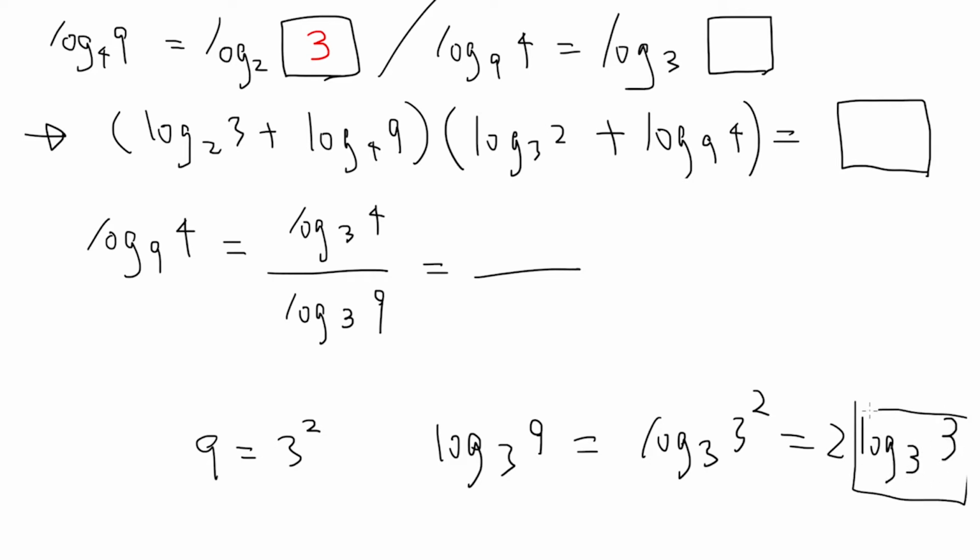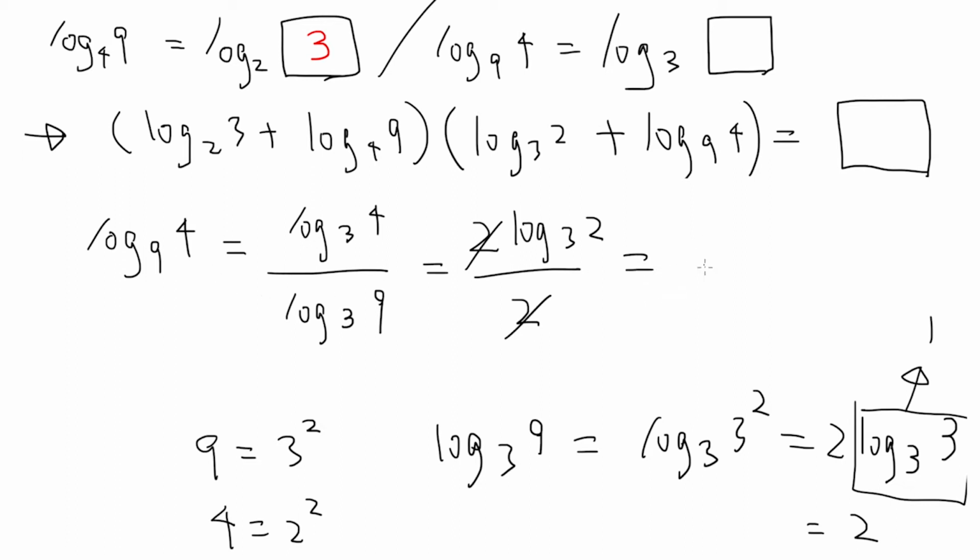This part becomes 1, so this is equal to 2. And once again, 4 is 2 squared. So log base 3 of 4 is 2 log base 3 of 2. So log base 9 of 4 is log base 3 of 2.